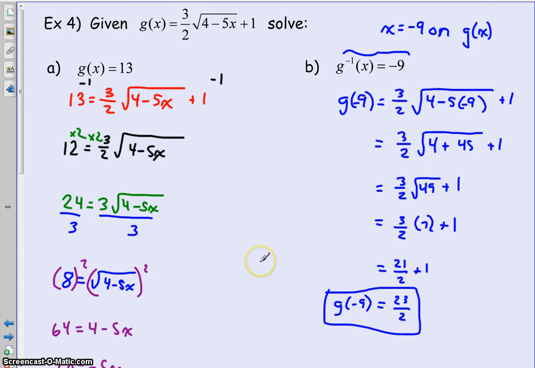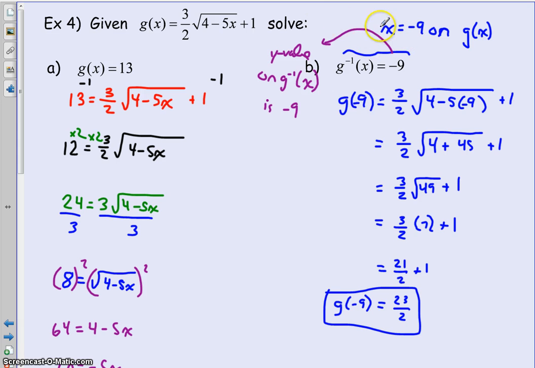As for part B, when it says g inverse of x equals negative 9, remember this is actually saying that the y value on the inverse is negative 9. Well, if it's the y value on the inverse, that means it's the x value on the original function.